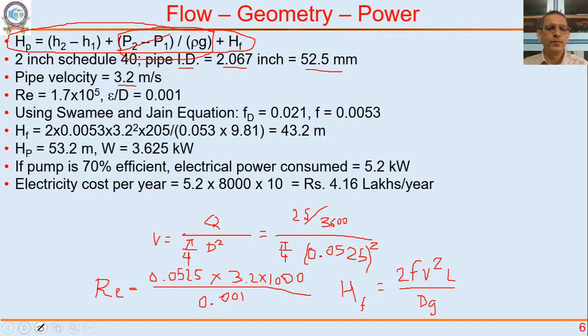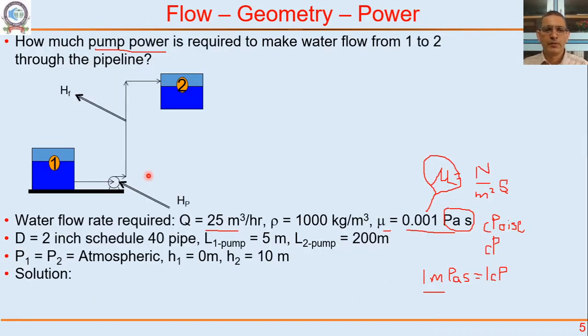So that is 2F, friction factor 0.0053, velocity square 3.2 square, length is, let's say, 205. Where is the length? Yeah, length is 205.